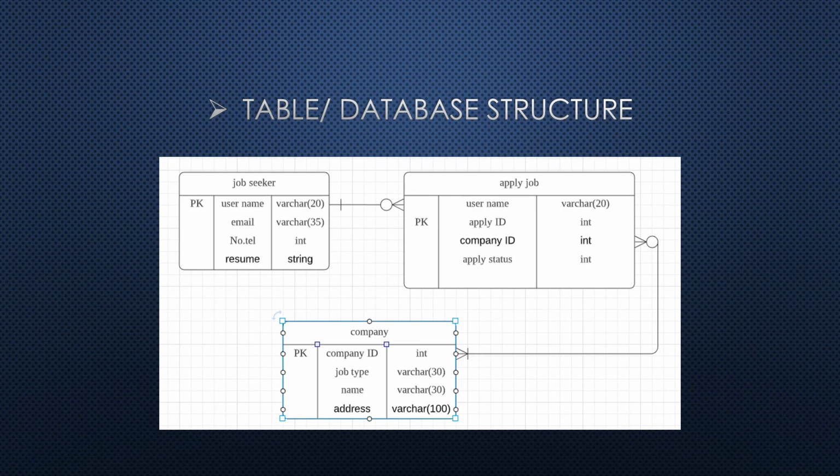In this database structure, one job seeker can be part of 0 or many apply jobs. One apply job can be part of one or many companies. One company can be part of 0 or many apply jobs. An apply job can be part of just one job seeker.